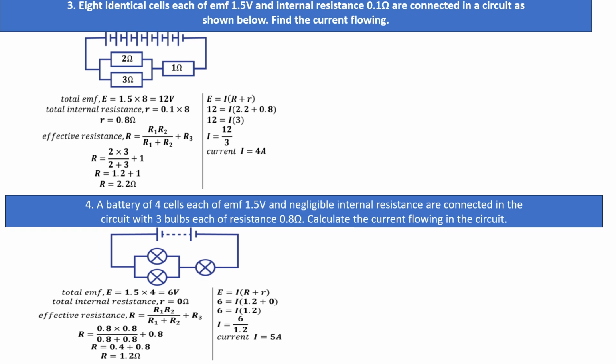Then the result goes in series with the other one, and I add them. However, I need to get the effective resistance for this circuit equation, given that the internal resistance of the dry cells is under consideration. That's why we need to add that 0. So the final result, I get 5 amps.